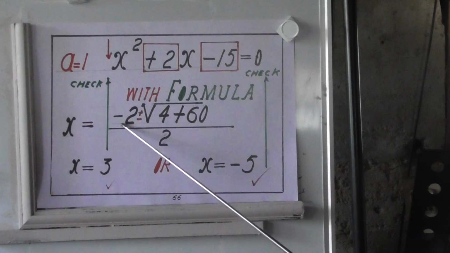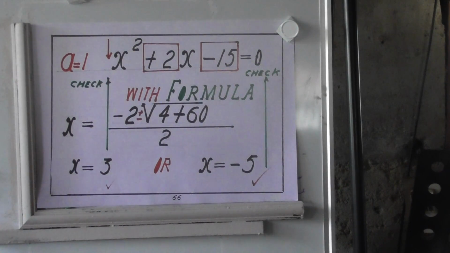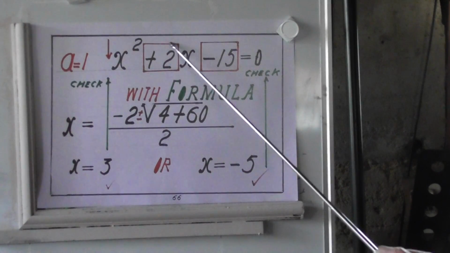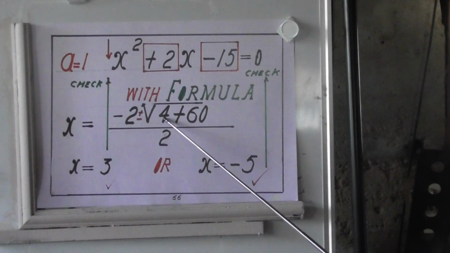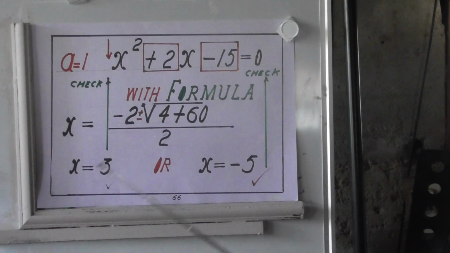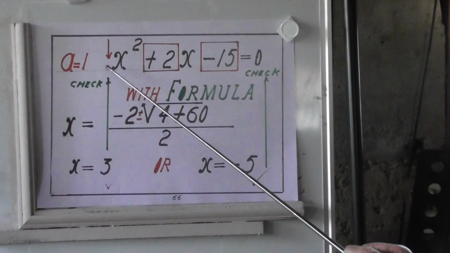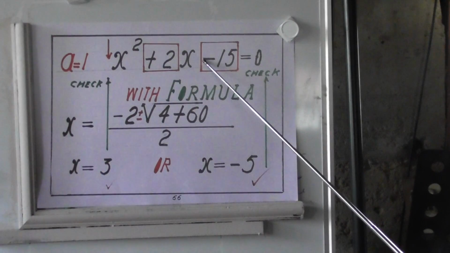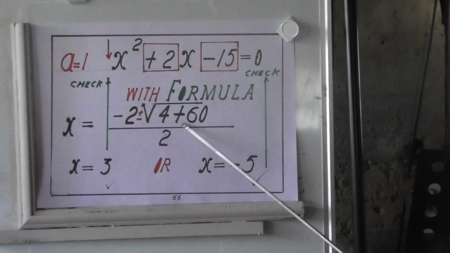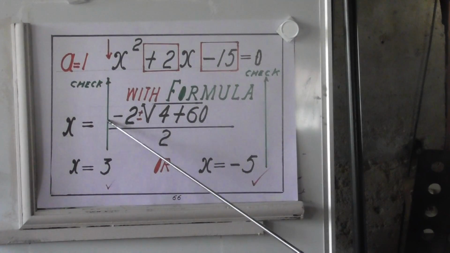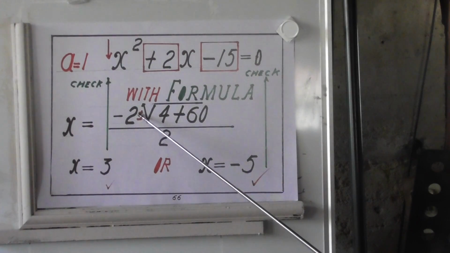Negative b, that means negative 2, positive and negative. If b is 2, then b squared is 4. Look at the sign. Negative 4ac, that's negative, negative, that's positive 60. So we have negative 2 positive 8.